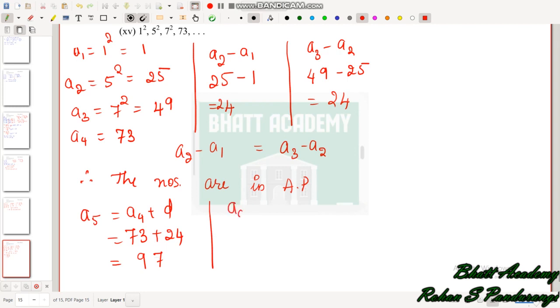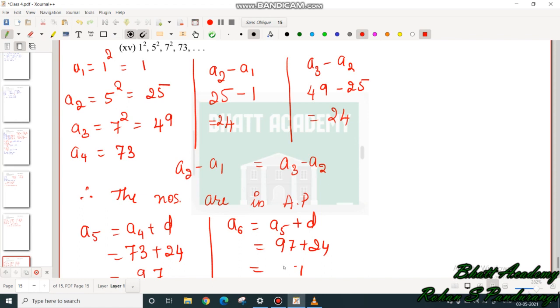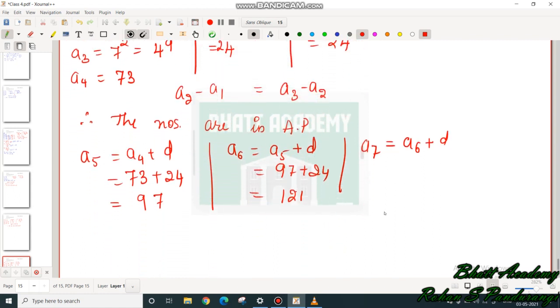Okay, a6 is a5 plus common difference, 97 plus 24, that is 121. So the A7 value is A6 plus D, which comes out to be 121 plus 24, that is 145.